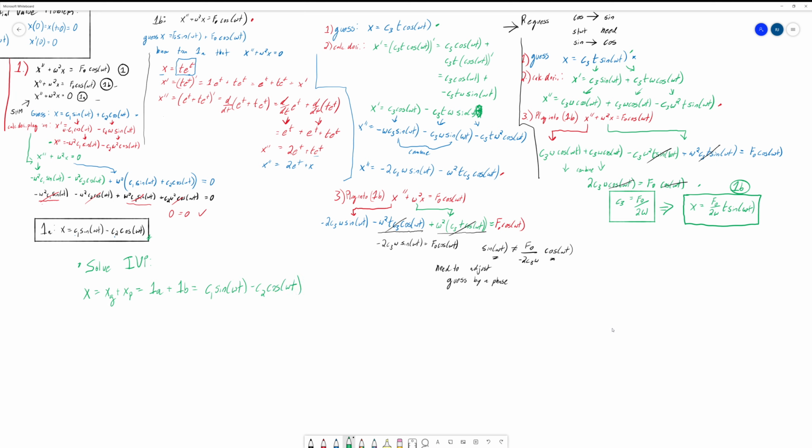And then the part from 1b is right here. We're going to have plus F naught divided by 2 omega times t sine of omega t. All right, and we just need to solve it with the condition that x of 0 equals 0 and x prime of 0 also equals 0.